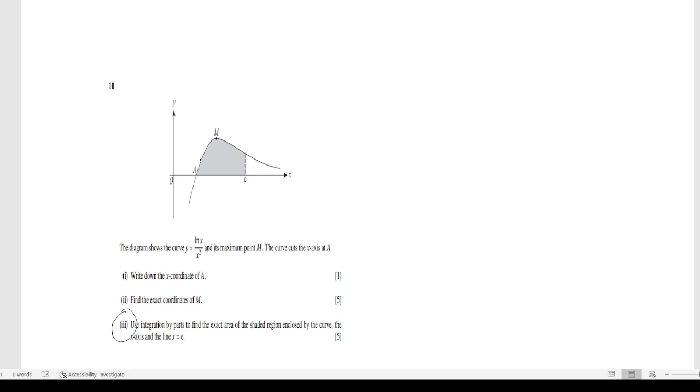So we know from the first part that a is equal to 1, and we have to find this shaded region. Remember, we have to find the exact area of the shaded region. I already told you what exact means. In this part it means that the answer should not be in decimals, it should be as it is.